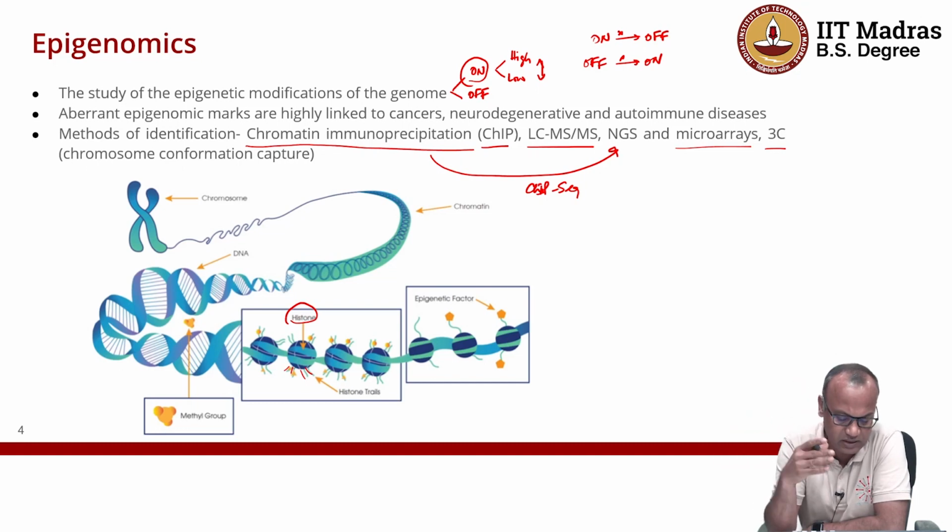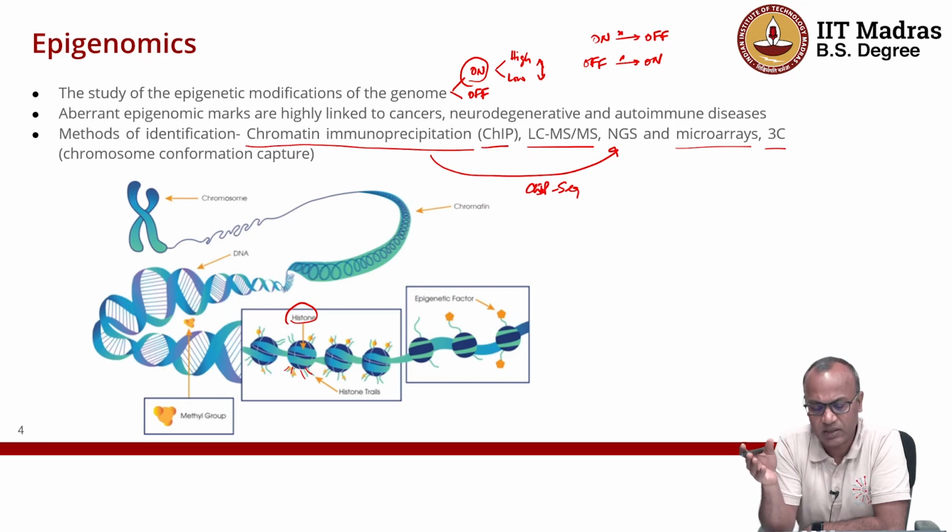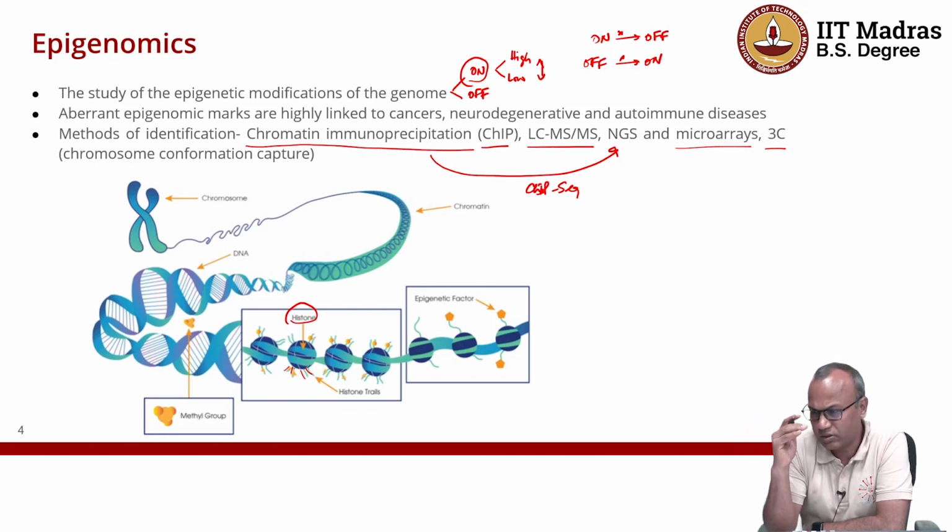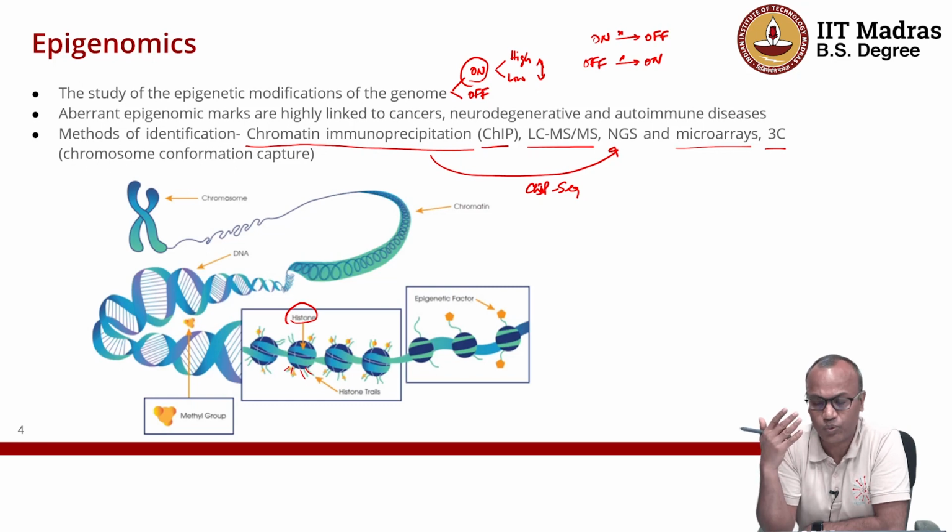And this becomes different in diseases, and that's why we study epigenomics, to see what changes are happening at the DNA level. If you think about this, you have genomics, you have epigenomics, and then you have transcriptomics. By studying epigenomics, you understand why the transcriptome of a particular diseased individual is different, because it gives you the answer to the question why.